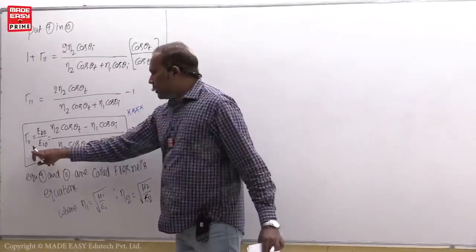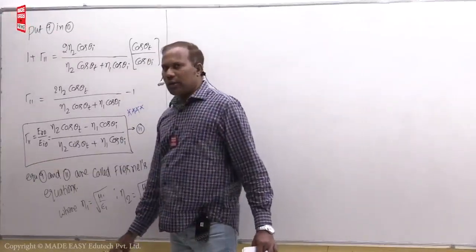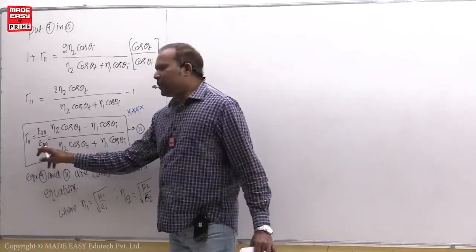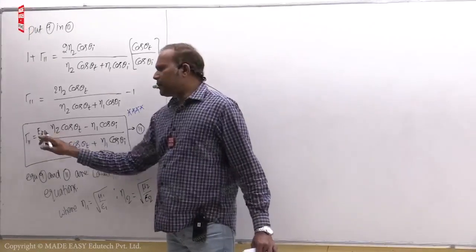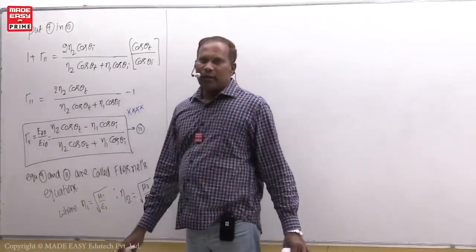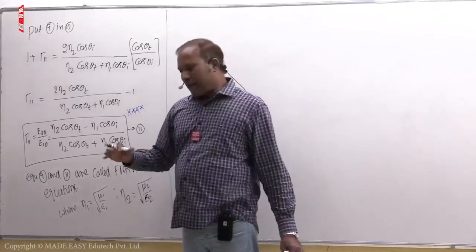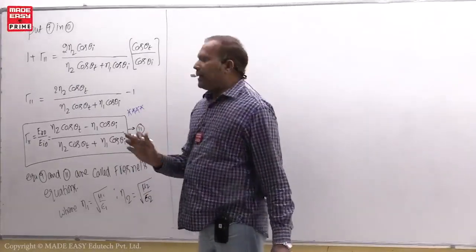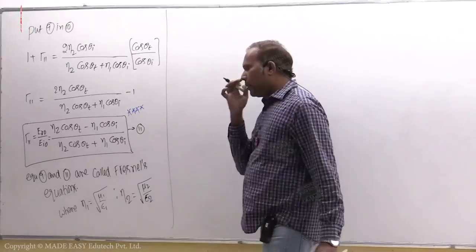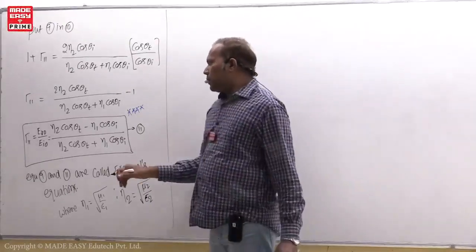Okay. Now, for example, if reflection coefficient is equal to 0, then ER0 by EA0 is equal to 0, then ER0 is equal to 0, there is no reflected wave, then engineers are very happy, then everything is transmitting. That is very happy discussion. For that, what to do?